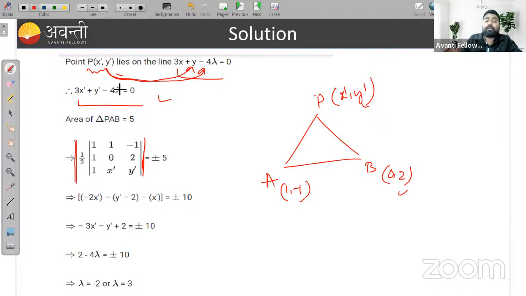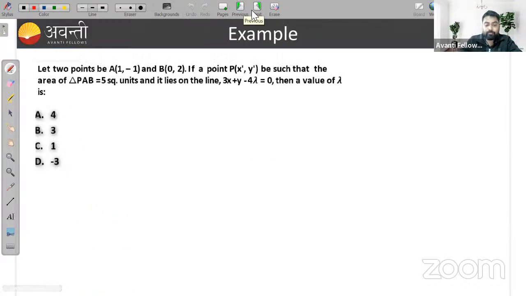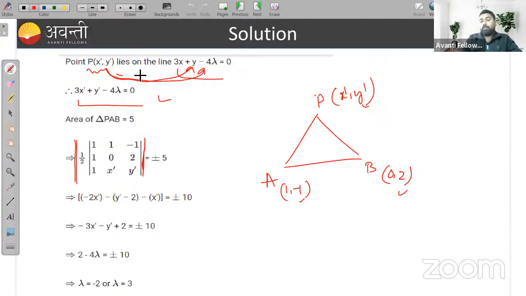If we remove the modulus, what are we getting?